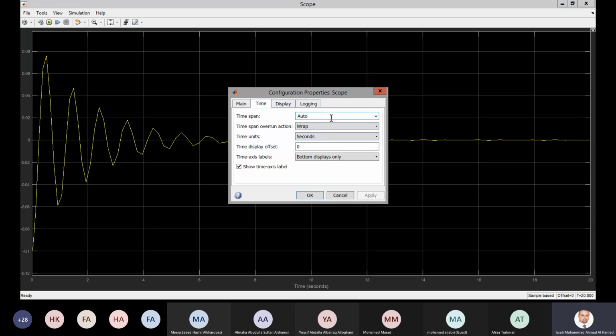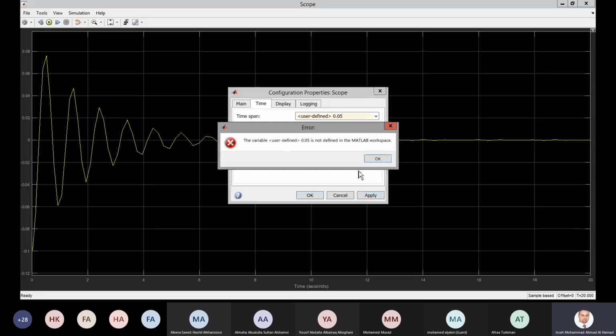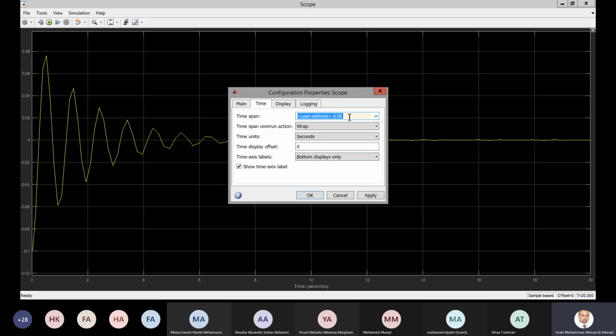Okay, so time span, auto or user defined. It should be something like this.